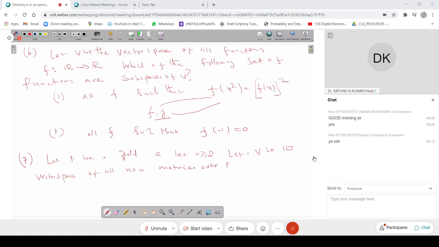Now the question is: which of the following sets of matrices A in V are subspaces of V?